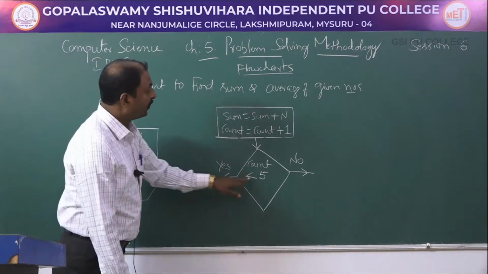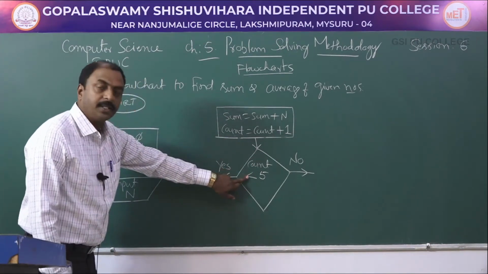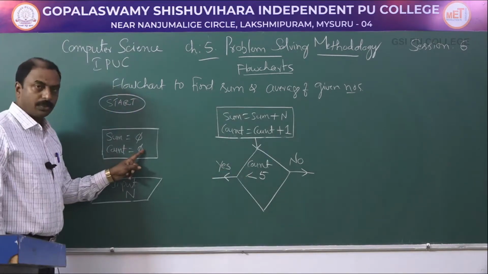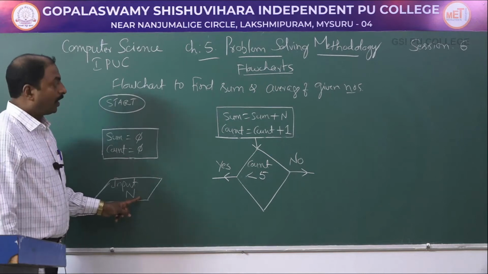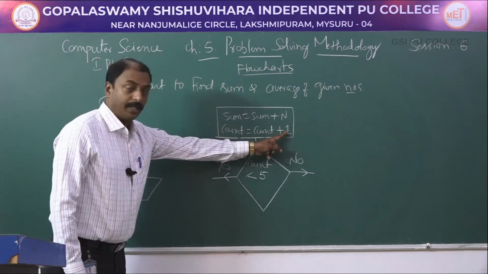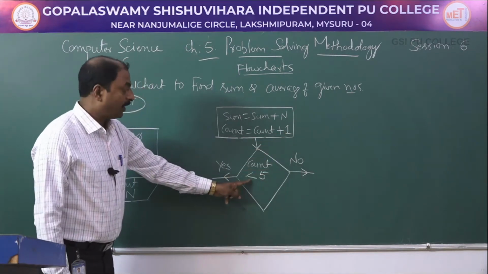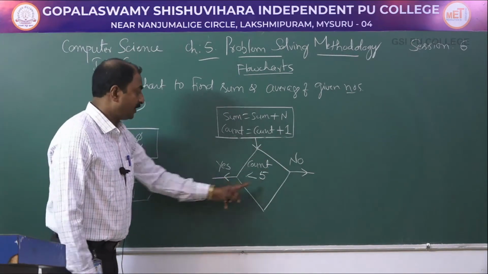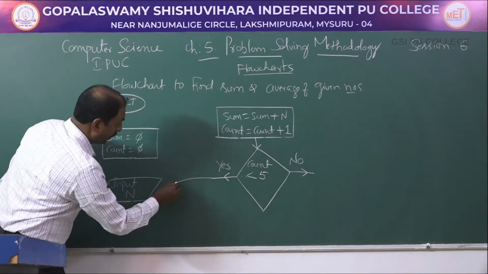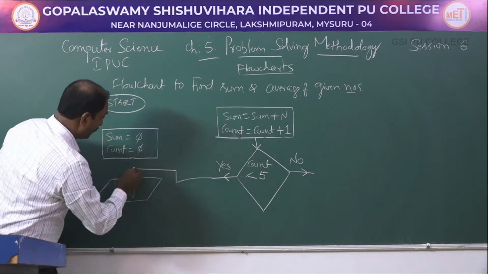If it is true, that means count is less than 5. First time count is 0, you enter one number. After entering one number, count becomes 1. Then it checks whether 1 is less than 5, yes. Then we have to enter one more number, so I am going to connect this one here.